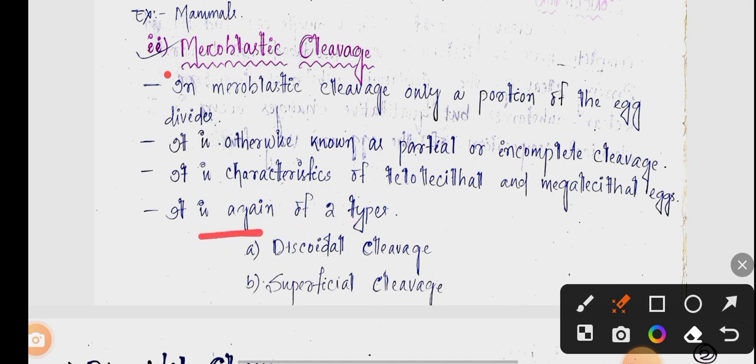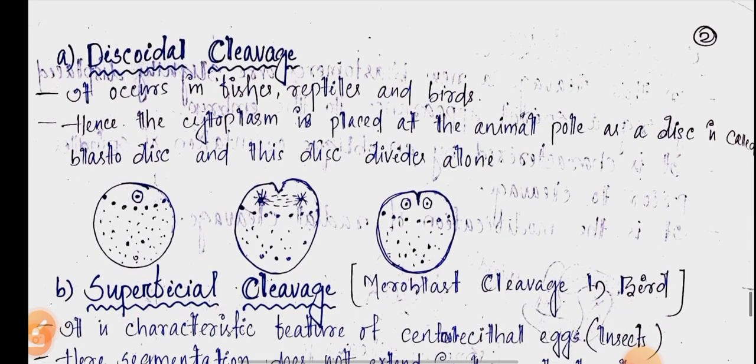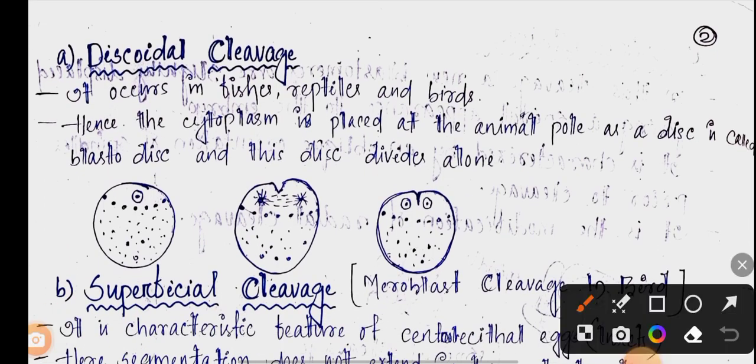Meroblastic cleavage is of two types: discoidal cleavage and superficial cleavage. What is discoidal cleavage? Number one is discoidal cleavage. It occurs in fishes, reptiles, and birds.